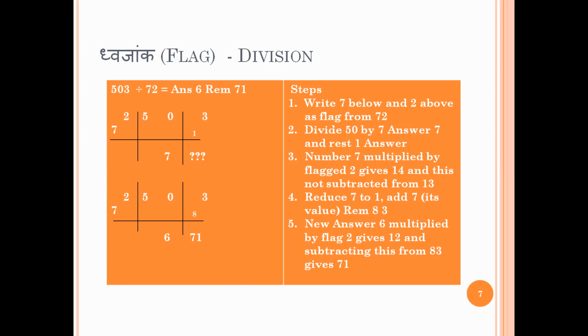Or maybe let's solve one more problem. Suppose I take the number 513 divided by 82. Is this visible to all of you?